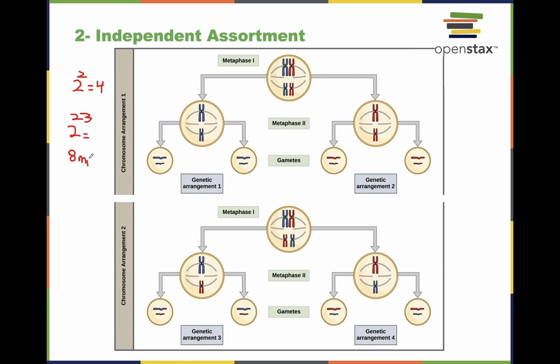I'm not going to write million, just understand that this is million, okay? So from one meiosis in one person, let's say one woman or a man, there is a possibility to produce 8 million different combinations of gametes. And you can imagine how astronomical that number is.